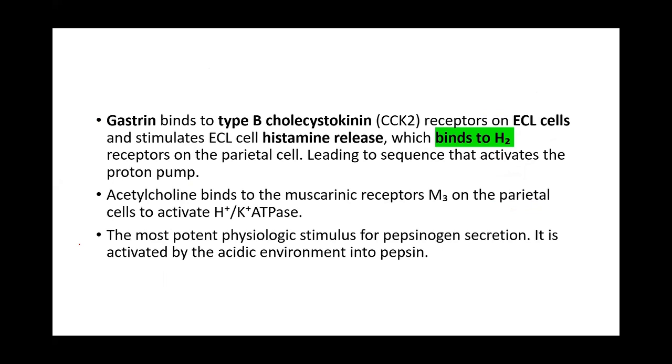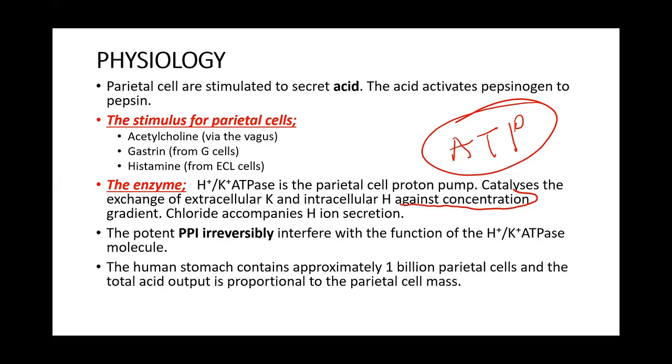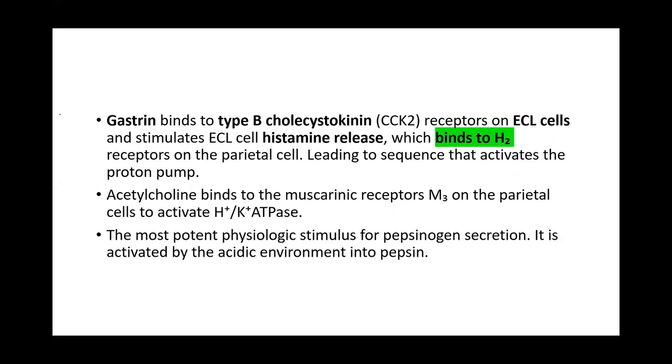Then the gastrin: aside from direct stimulation of the proton pump, gastrin binds to type B cholecystokinin, that is the CCK2 receptors on the enterochromaffin-like cells, and stimulates histamine release. When gastrin stimulates the ECL cells to release histamine, what does the histamine do?